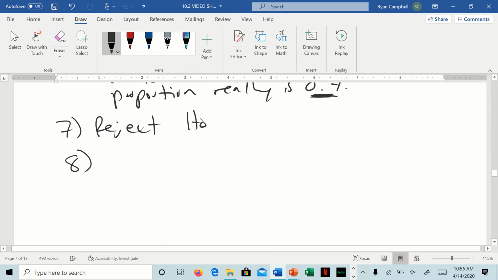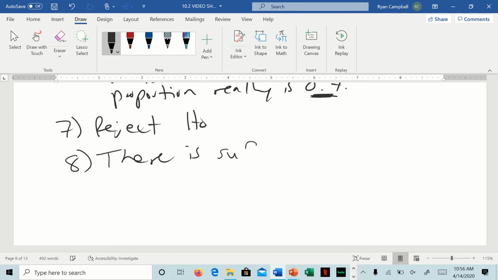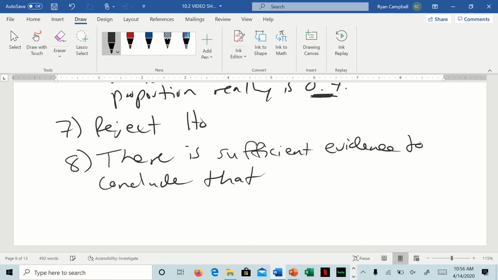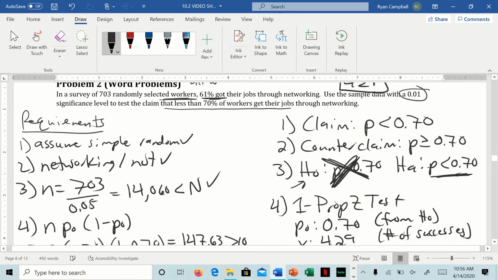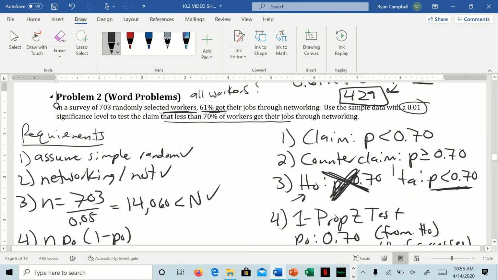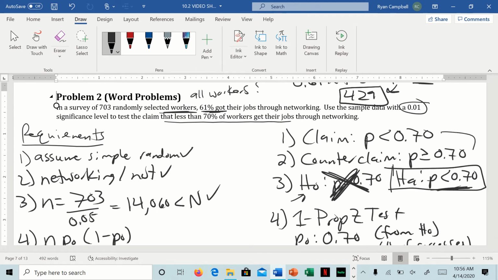So part 8, since we rejected it, there is sufficient evidence to conclude that, and what were we trying to conclude? Let's look at HA, that our proportion is less than 70%.